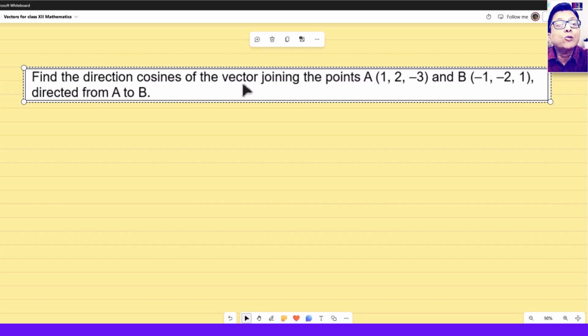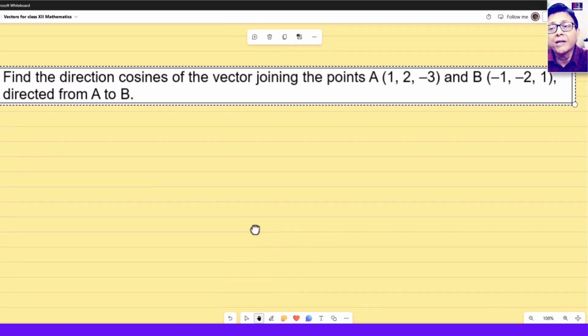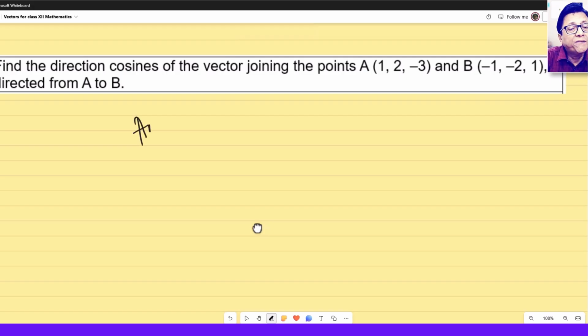Find the direction cosines of the vector joining this and this. Just we have done it. I think I need not do it. Isn't it? You will just write the vector AB here, B minus A, that is minus 2i, minus 4j and 4k.